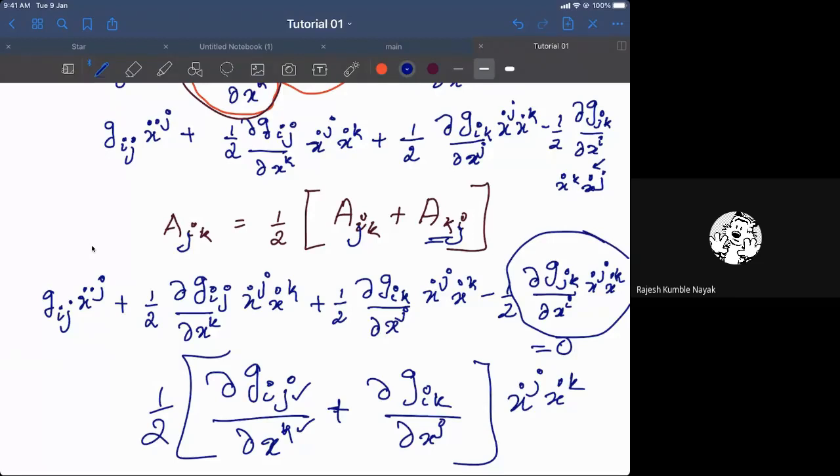Only this term we need to work on. In the upper step you have written x dot k into x dot j, and below you have written x dot j. Yeah, those are symmetric. We can do that.